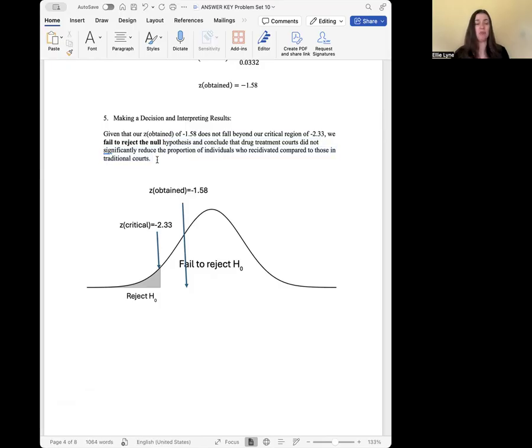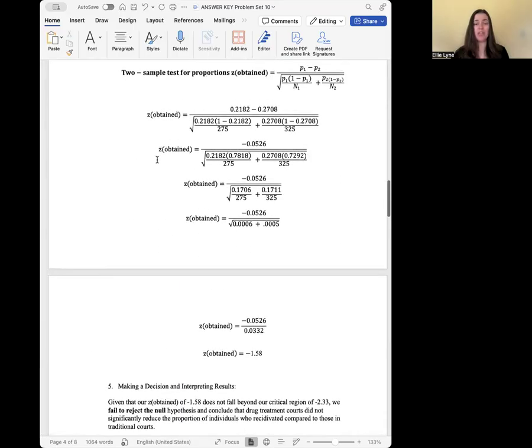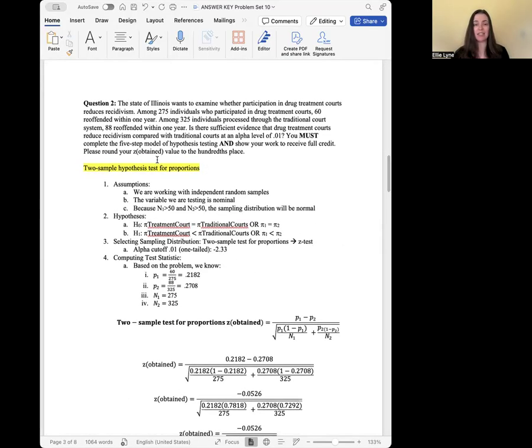In this case, it would be really helpful for them to know, hey, maybe we need to revisit the different tactics and procedures and programming we are using in our drug treatment courts, because if we're not having significantly different outcomes in this court that should be more targeted towards individuals going through substance abuse issues, and we have more targeted programming and things of that nature, and it's not working, we need to figure out something that might work better, right? And that's important information for the state of Illinois to know, right? So we always have to contextualize that back within the context of the problem.